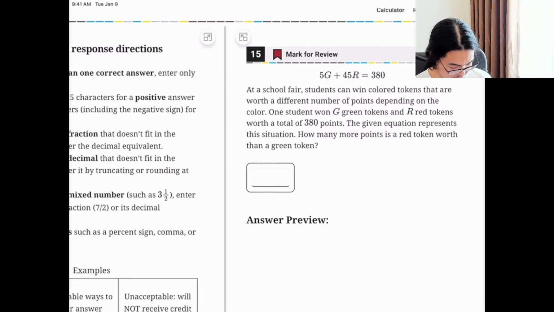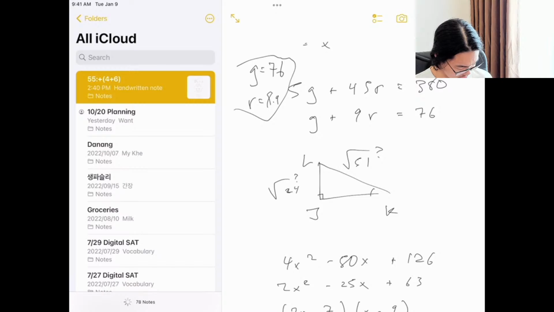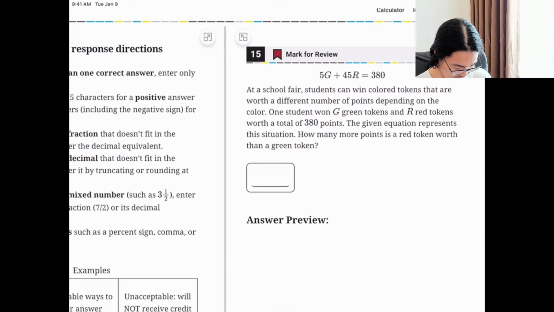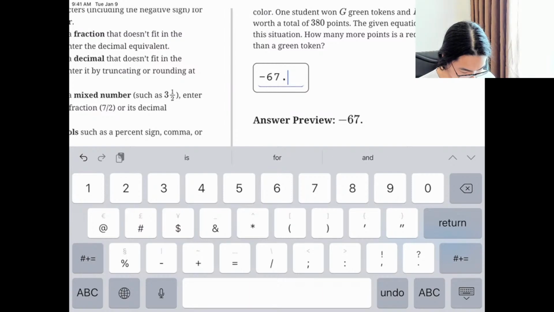Okay, how many more points is a red token worth than a green token? Well, it's the opposite. 8.4 minus 76, so it's minus 67.5, or minus 67.56.